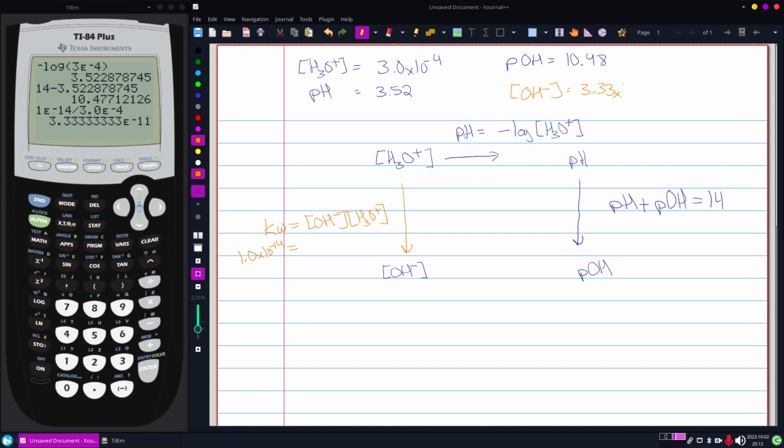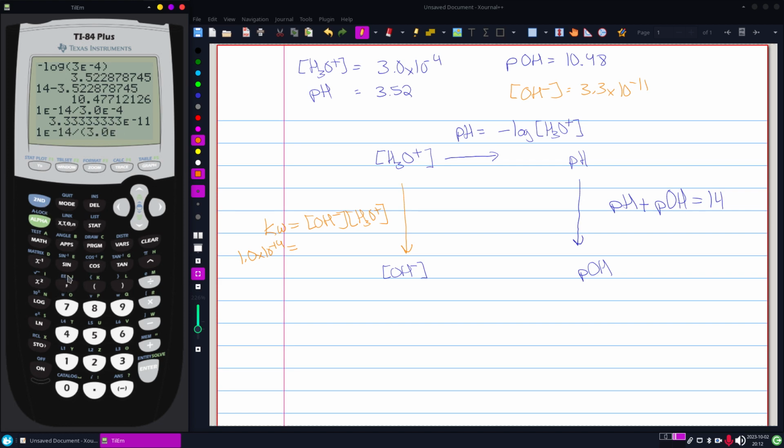Now watch the exponents here. I don't have that many digits, because what is possible is that you end up with the wrong exponent. So what if your calculator is giving you the wrong exponent? The solution is probably to put that number, that 3 times 10 to the negative fourth, in parentheses. So if you're getting the wrong exponent, try doing it with the 3.0 in parentheses.